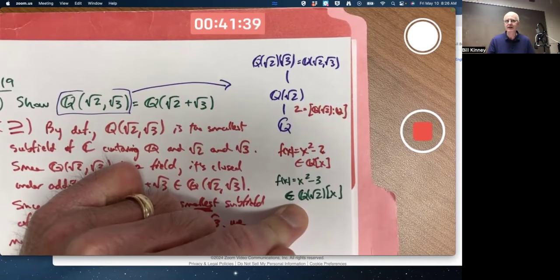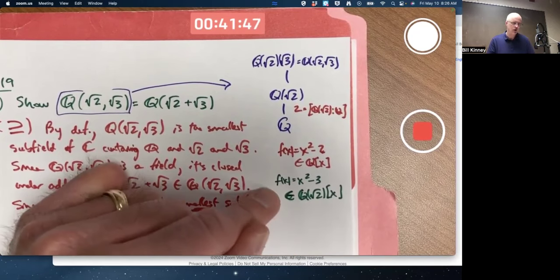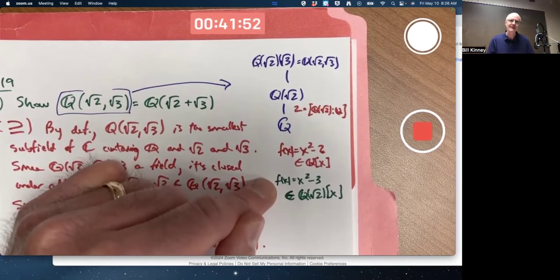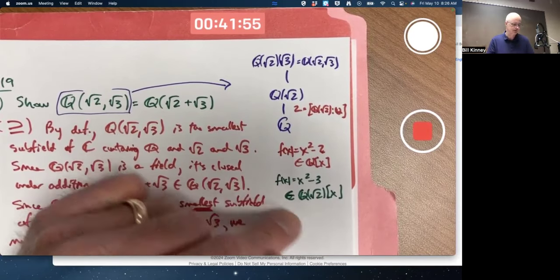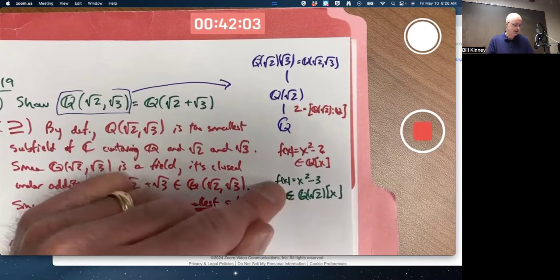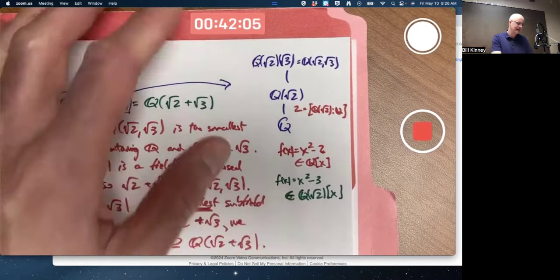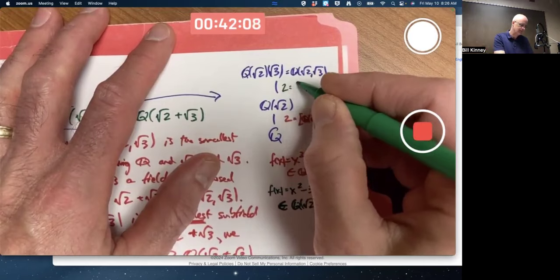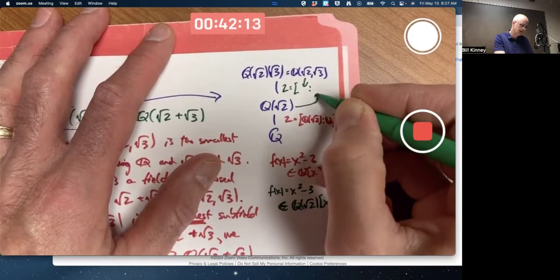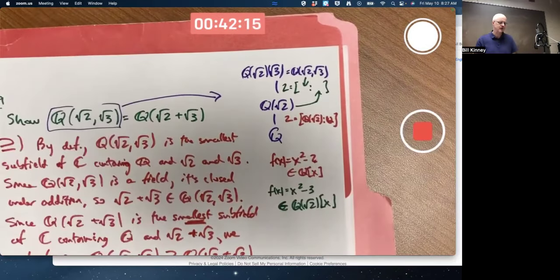Eisenstein's criterion would not be allowed to be used, though, because Eisenstein's criterion is only for irreducibility over Q. However, it's still not too hard to argue it's irreducible over Q adjoin root 2 because you can't factor this as a product of linear polynomials over this field, because square root of 3 is not in that field, and neither is negative square root of 3. That's degree 2. It's irreducible over Q adjoin root 2. This extension has degree 2 as well. Save space and time, I'll just use arrows there.